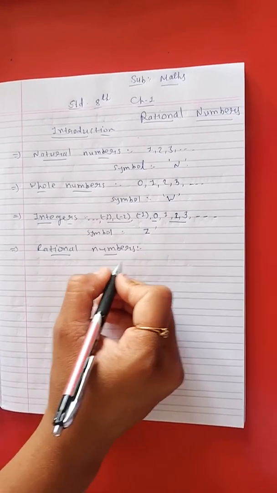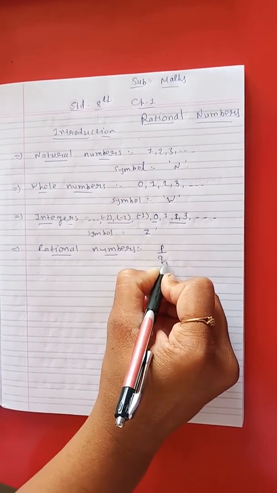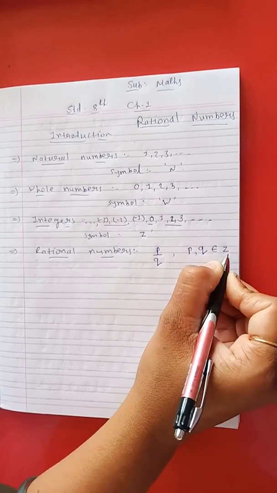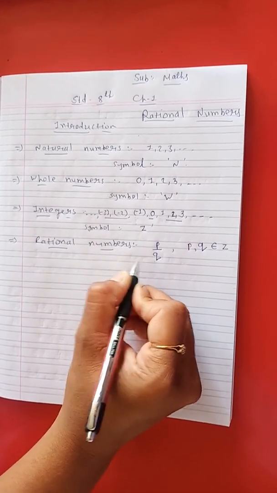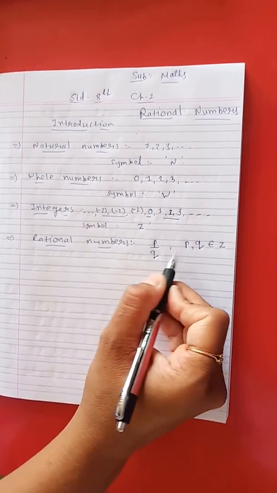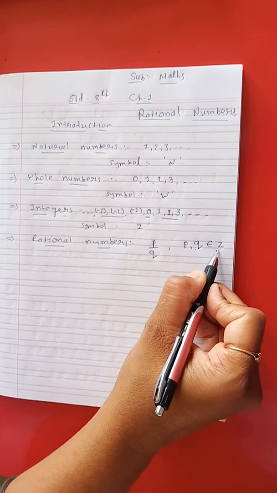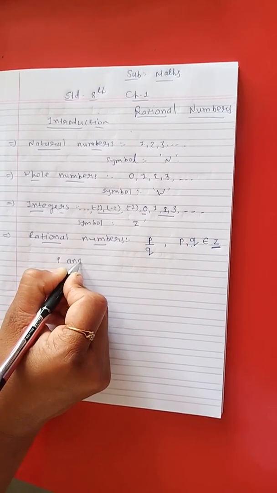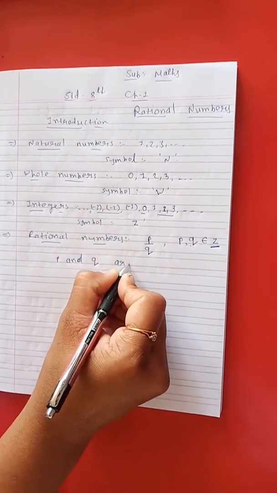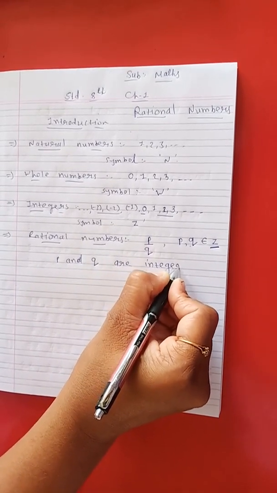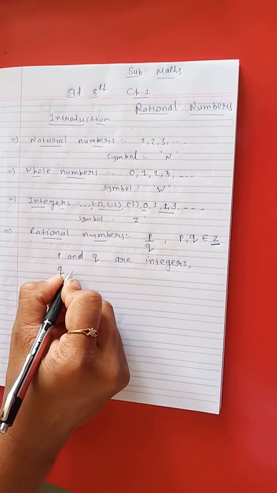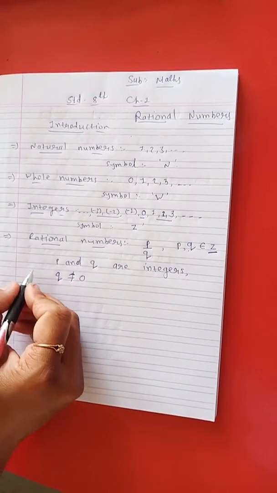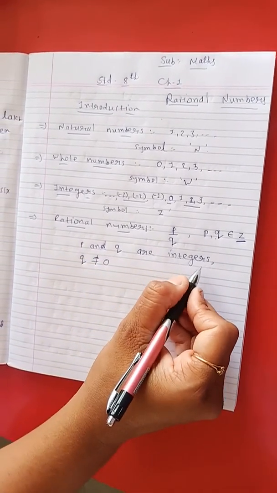Rational number means its form is P upon Q, where P and Q belong to Z. That is, P upon Q is the form of a rational number, but we have to take the values of P and Q from Z, meaning integers. In simple language, P and Q are integers, but Q is not equal to 0 because it is in the denominator.